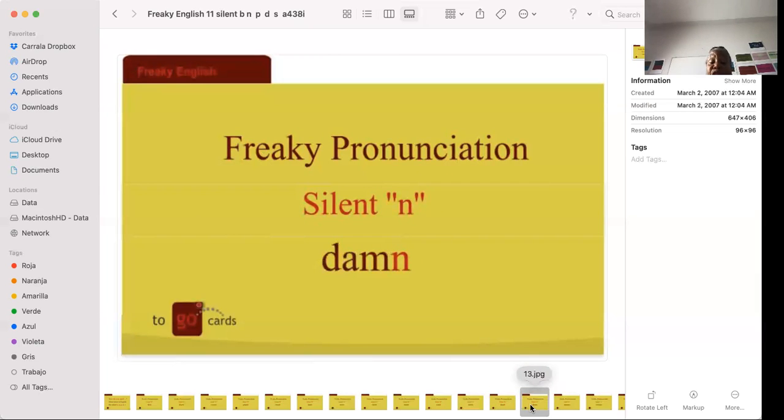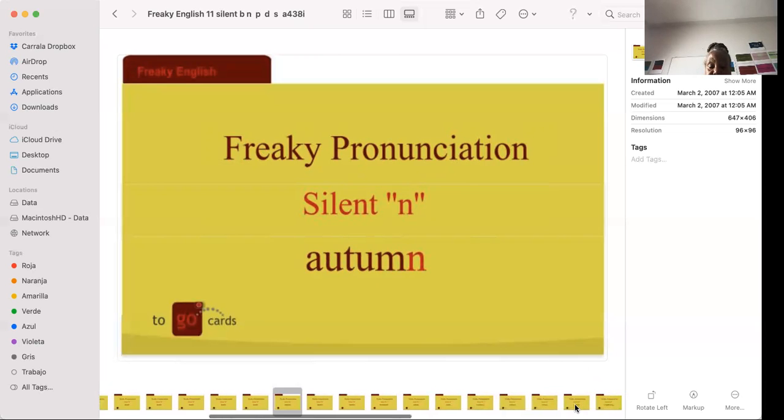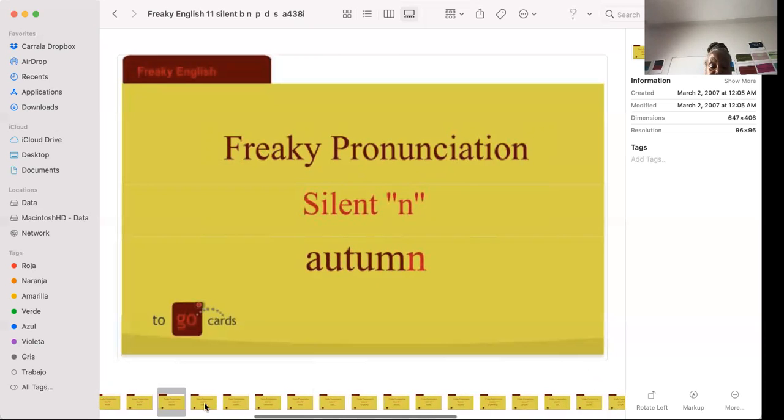Now we're looking at the silent N. Now, damn, when you're talking about water, that's without the N. So this is a homophone, damn. And when you say, damn, girl. Autumn, column.